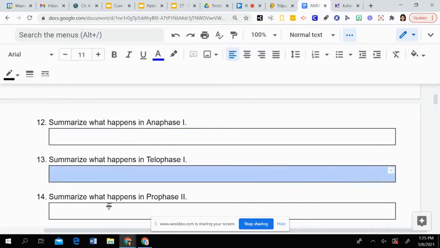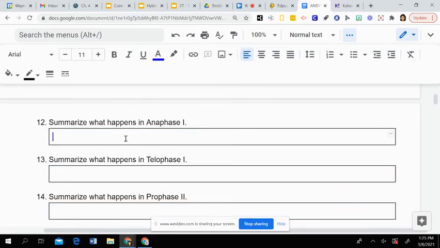Anaphase 1, the homologous chromosomes separate, so now you have each individual side. Each moves to opposite sides of the cell.